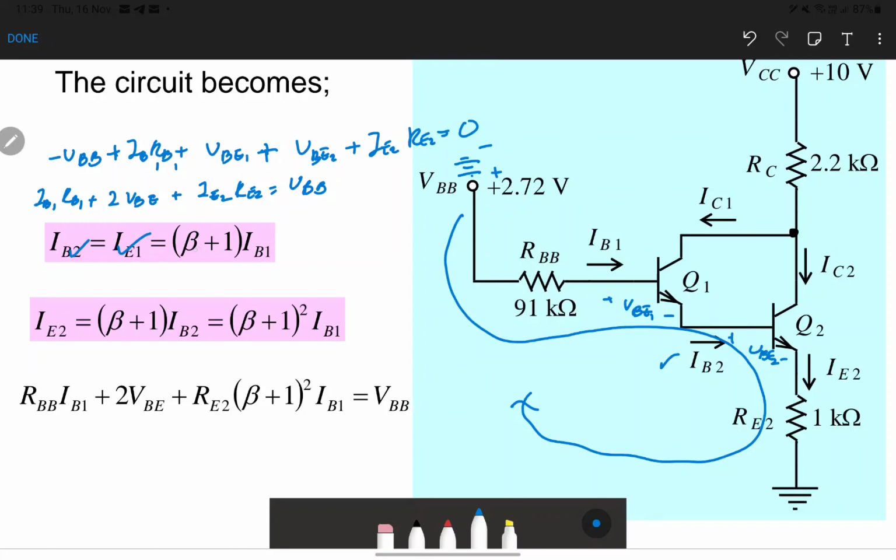So the relation is IE1 equals beta 1 plus 1 times IB1.